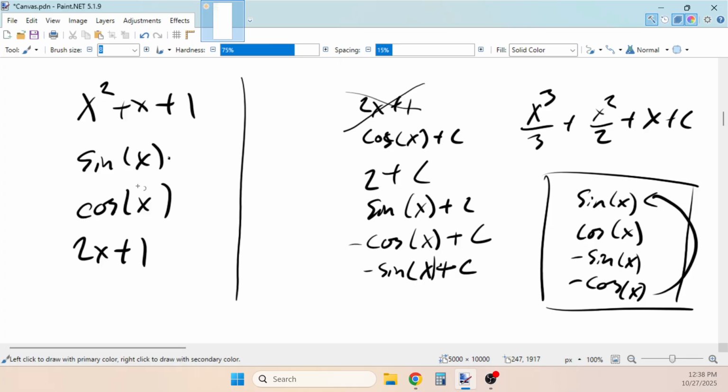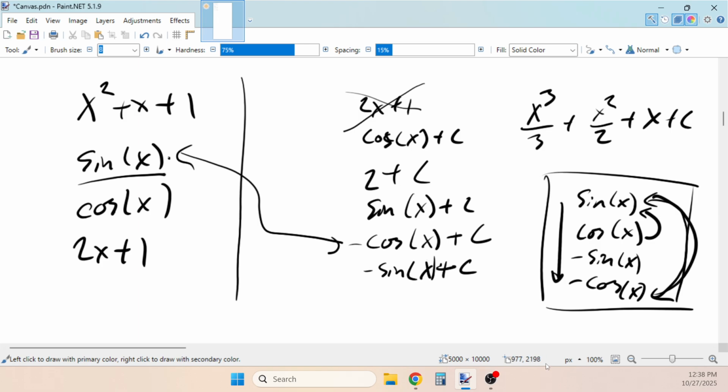So we're looking for the antiderivative. We start at sine and we go backward. Negative cosine. Cosine, we go back a step.